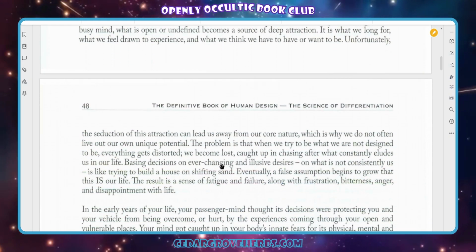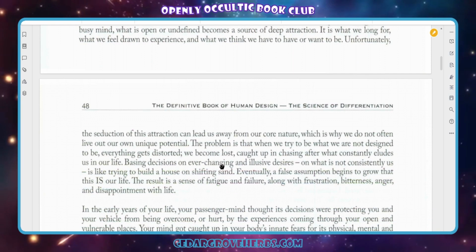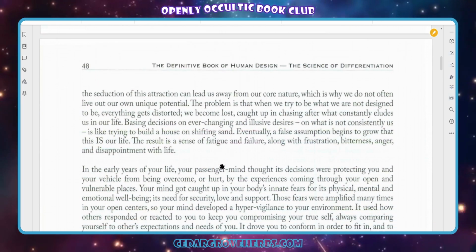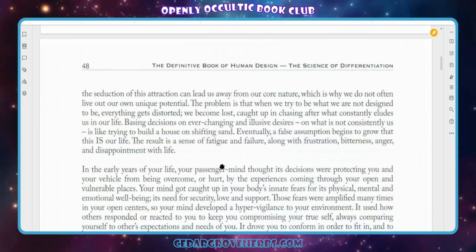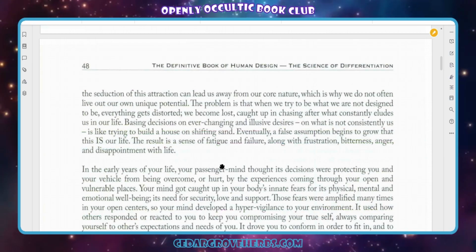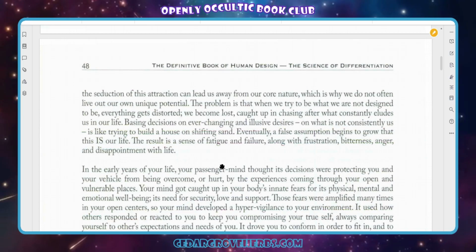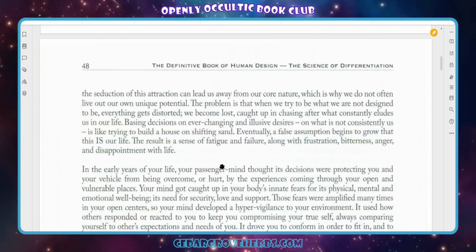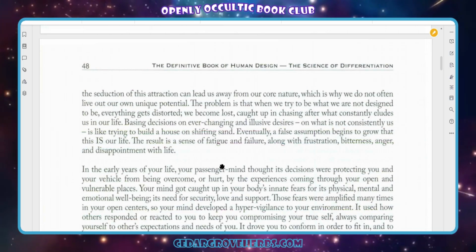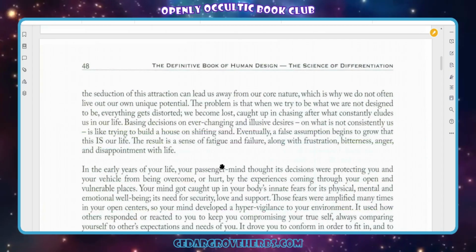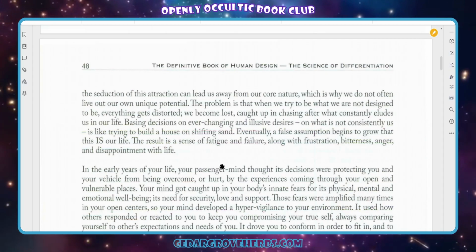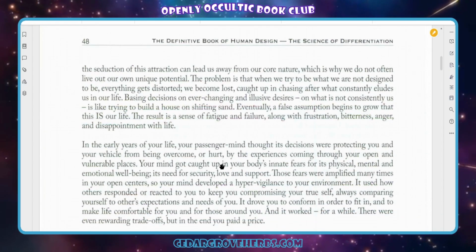Unfortunately, the seduction of this attraction can lead us away from our core nature, which is why we don't often live out our own unique potential. The problem is that when we try to be what we're not designed to be, everything gets distorted. We become lost, caught up in chasing after what constantly eludes us in our life.